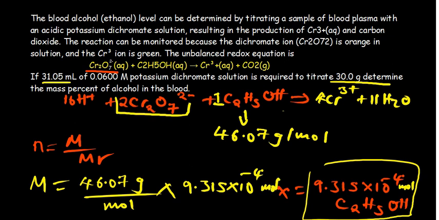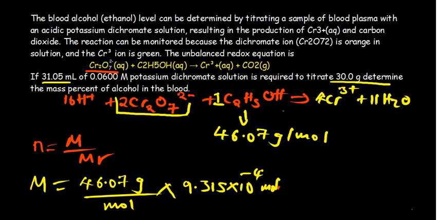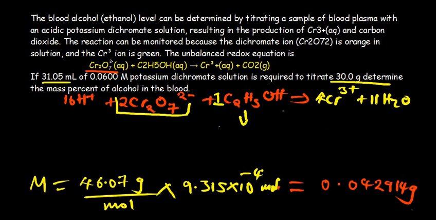So what mass are we getting after multiplying 9.315 times 10 to the power negative 4 by 46.07? The mass I'm getting is 0.042914 grams. So we have the mass of our ethanol that had reacted with the given potassium dichromate solution.